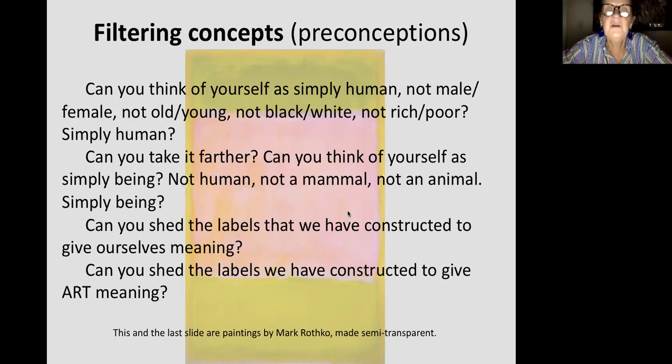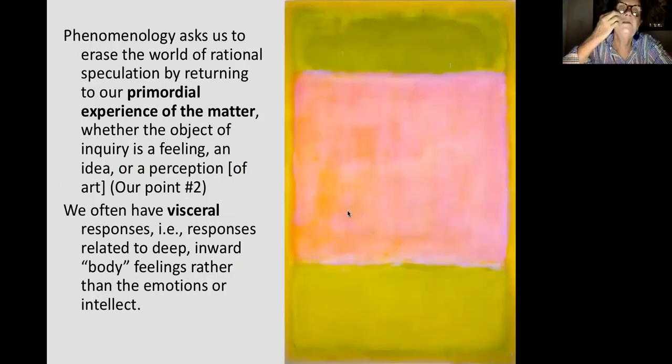Can you shed all the labels that we have constructed to give ourselves meaning, all the words we use to define ourselves and create meaning for our lives? And for today, can you shed the labels we have constructed to give art meaning? Phenomenology asks us to erase the world of rational speculation by returning to our primordial experience of the matter, whether the object is a feeling, an idea, or a perception.